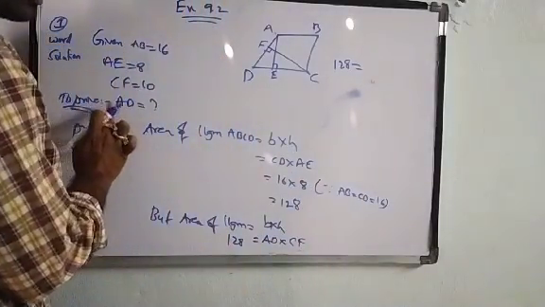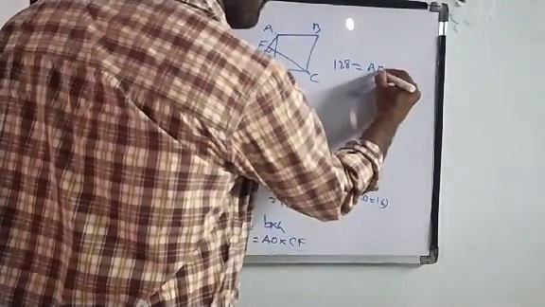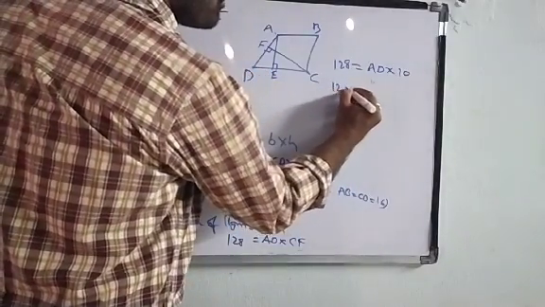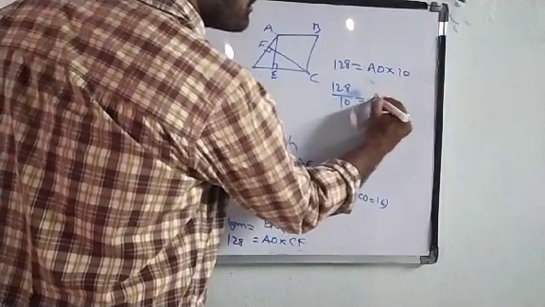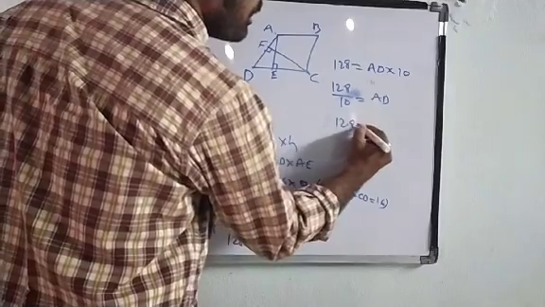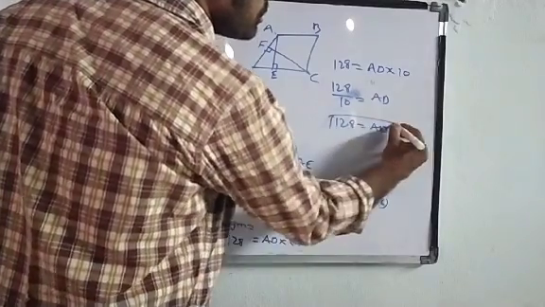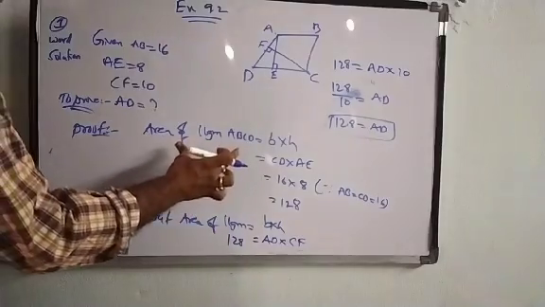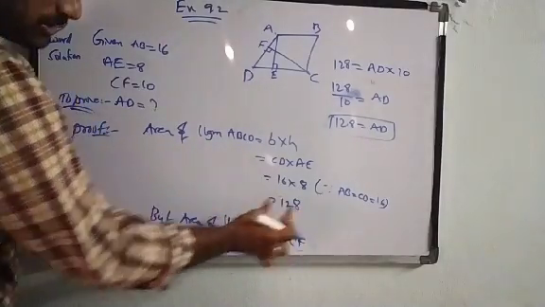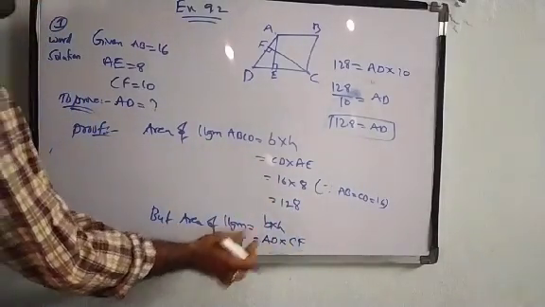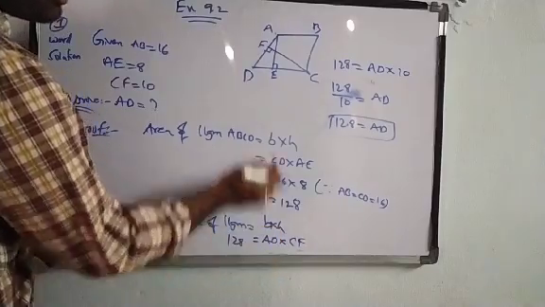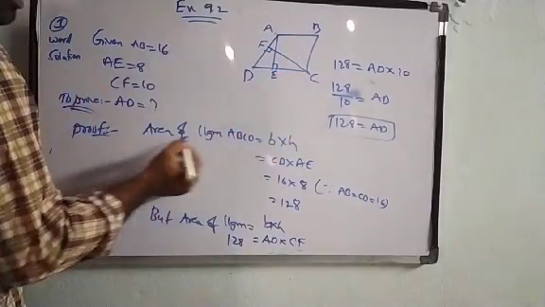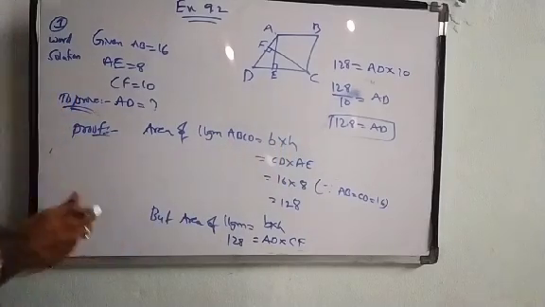AD length is not given, we need to find that. CF length is given as 10. So 128 by 10 is equal to AD, that is 12.8 is equal to AD. So AD length is 12.8 centimeters. Here we have already found the area of the parallelogram as 128. That 128 we are going to keep here. And we are going to look at it in this manner, that this is the base and this is the perpendicular. So always area of parallelogram will be base into the perpendicular height.